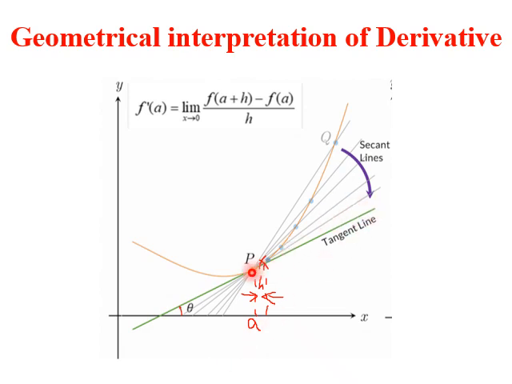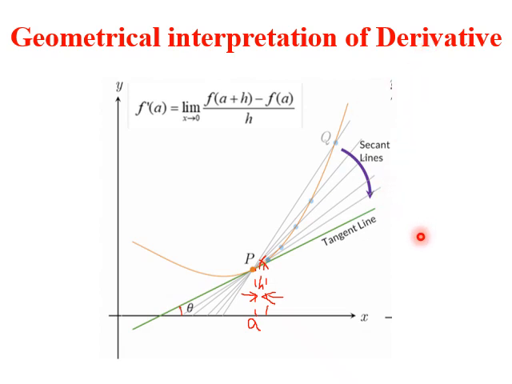At point P, if we draw a tangent line, it will touch the function or curve only at one point. So it is touching only at P. The slope of this line is tan theta, we know that. The slope of this line is the gradient or the derivative of the function.